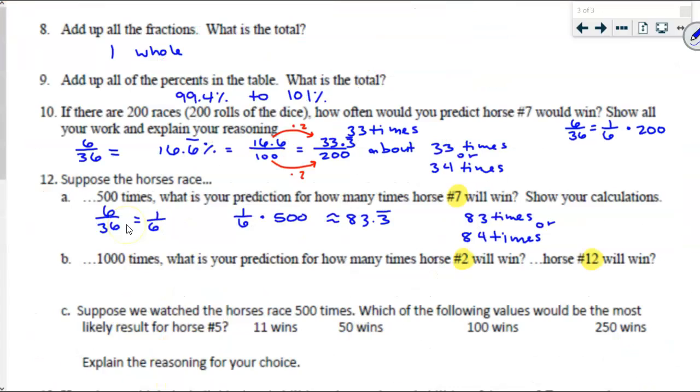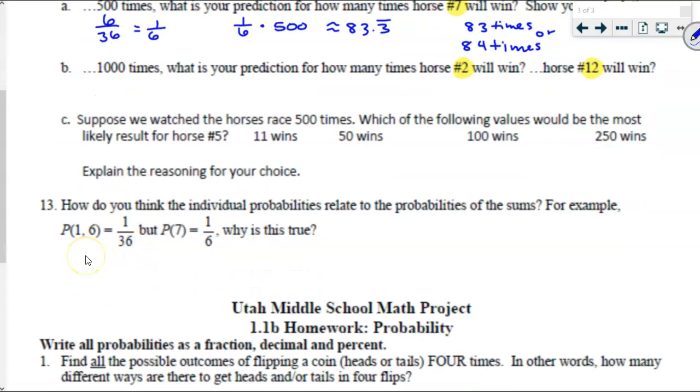1 out of 36. So if I want to know how often in 1,000 races horse number 2 or horse number 12 is going to win, because it's the same probability, what do we get here? 1/36 times 1,000. I'll repeat that. 1/36 times 1,000, because you all had enough time to work on this.